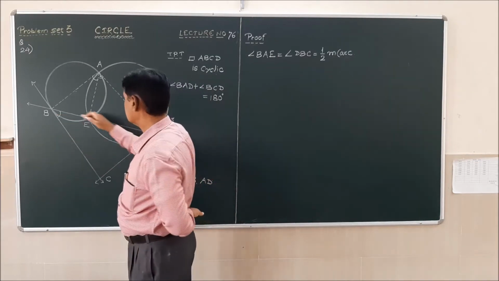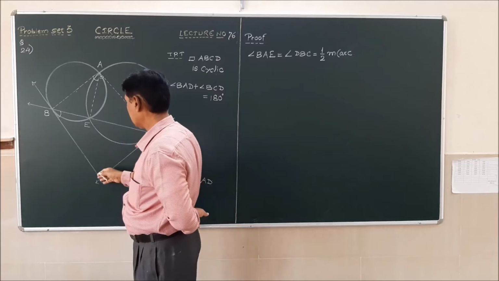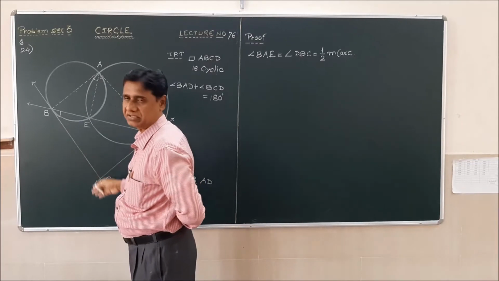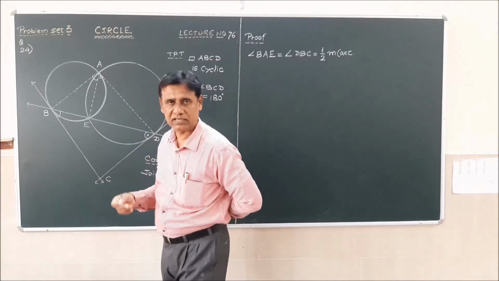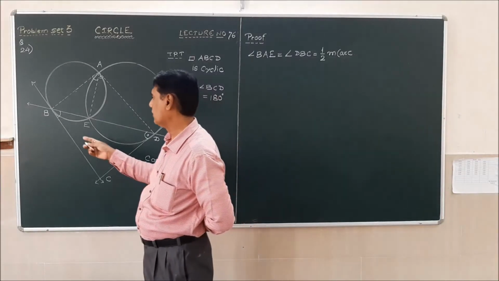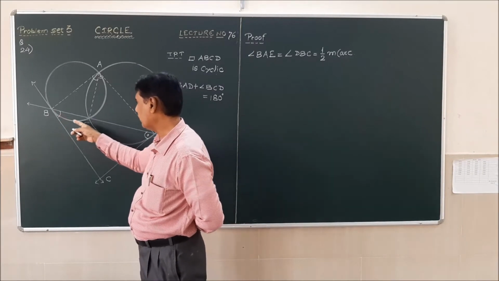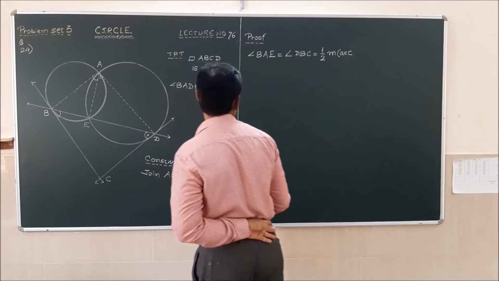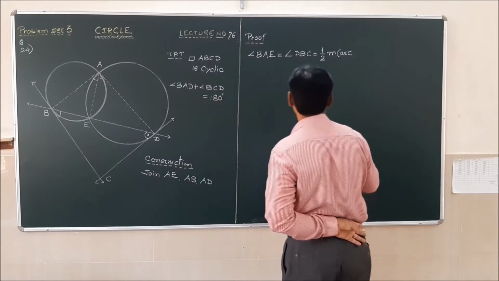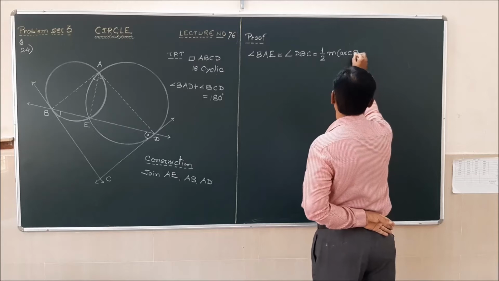You will notice BD is a secant and BC is a tangent. So by the tangent-secant angle theorem, the measure of the angle is also equal to half of the intercepted arc.